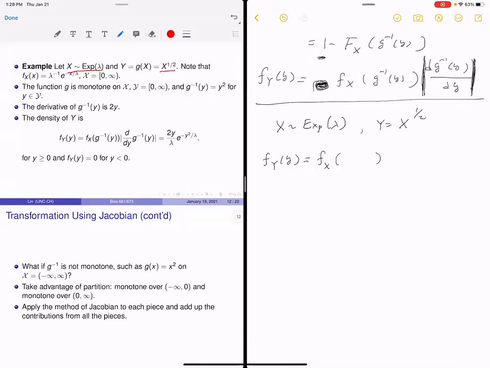Inverse function right here means I put x on the left hand side, then it becomes x equals y squared. So this guy is the inverse function, and then I plug in y squared for x.